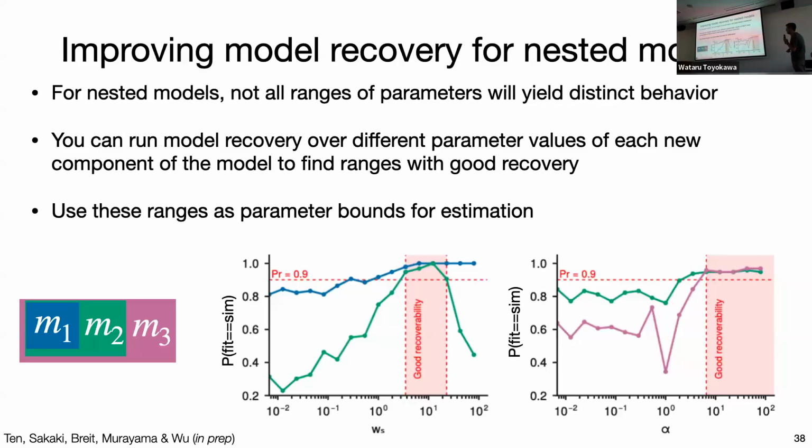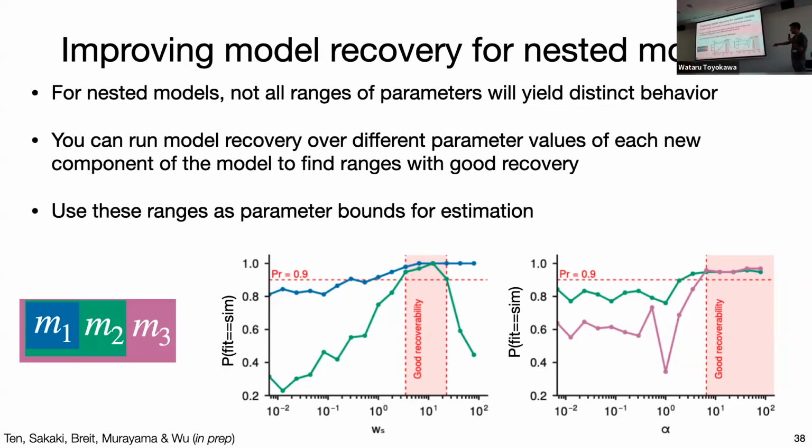One analysis that I've been developing recently, in a manuscript that's in prep, is that you can run model recovery over different parameter values for each new component to try to find ranges that have good recovery. For instance, here model 1 is a baseline model and model 2 adds an additional parameter, this weight parameter. We simulated this new model 2 at different values of this weight, and then ran model recovery on that data against model 2 and the baseline model 1.